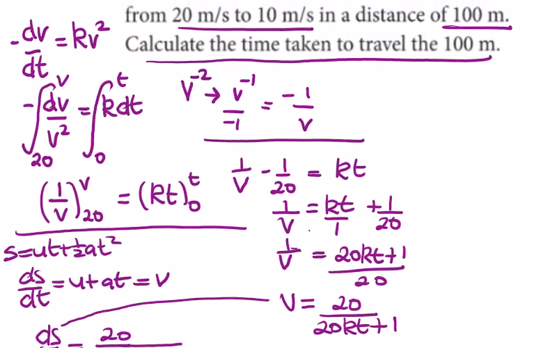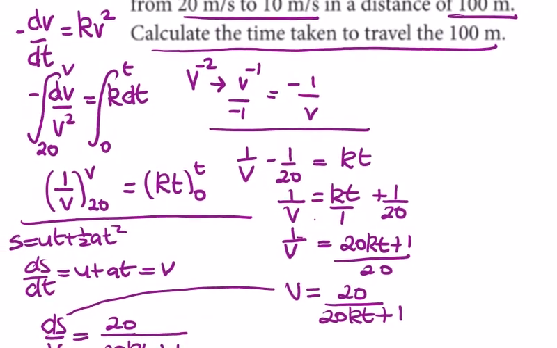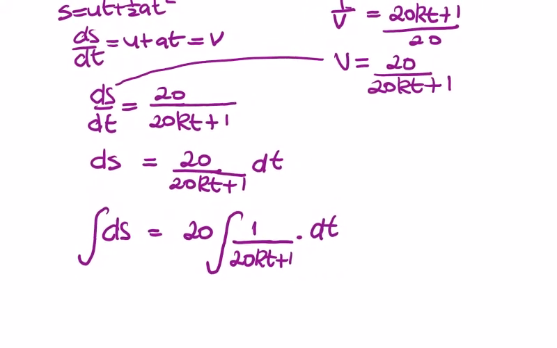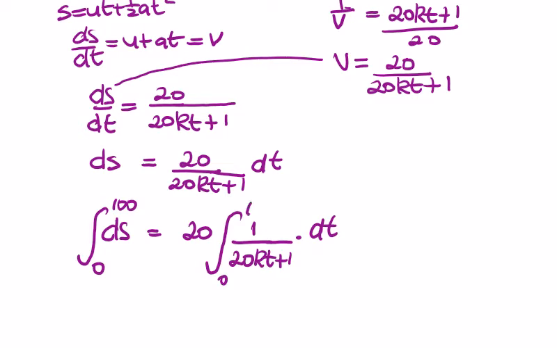So we want to find the time taken to travel 100 meters. So from 0 to 100, we want to find the time taken. On the left hand side, we're going to get s between 100 and 0 is equal to 20 times the integral of 1 over x, which gives the natural log of x, which is 20kt plus 1.